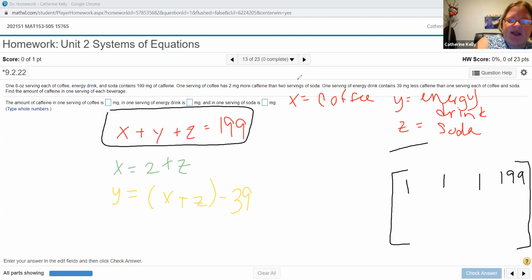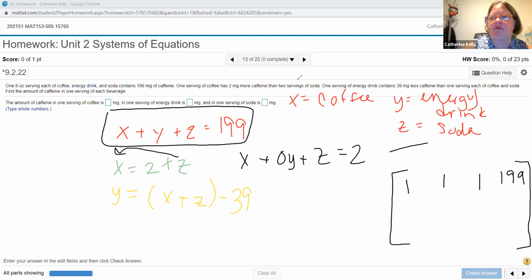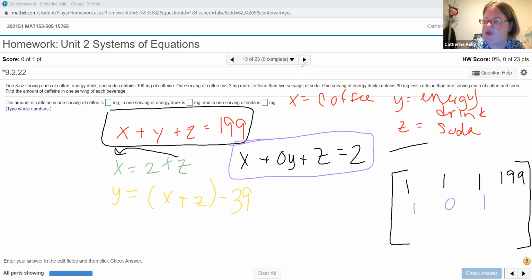The next equation, you have to get Z to the other side. So it'll be X plus 0Y plus Z equals 2, because you have to have X, Y, Z. So your second equation would be 1, 0, 1, 2.